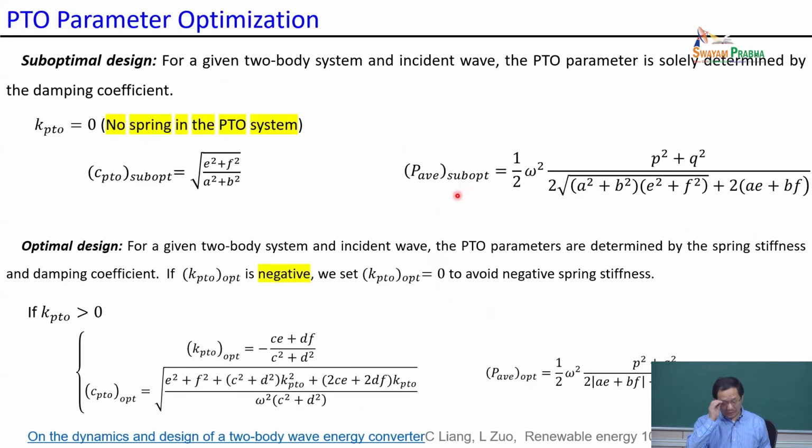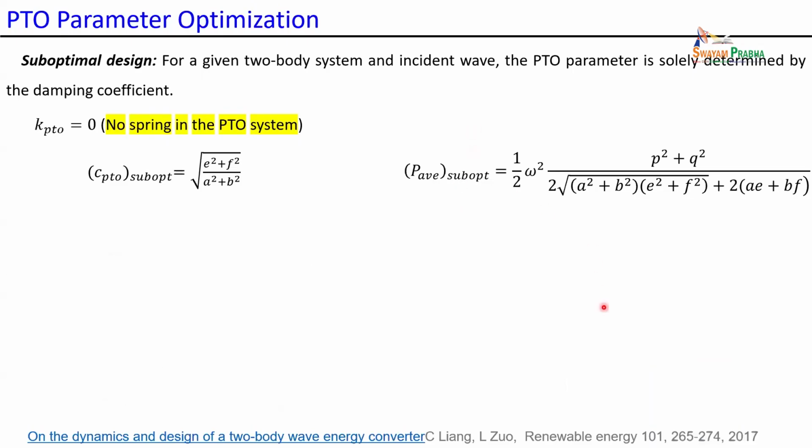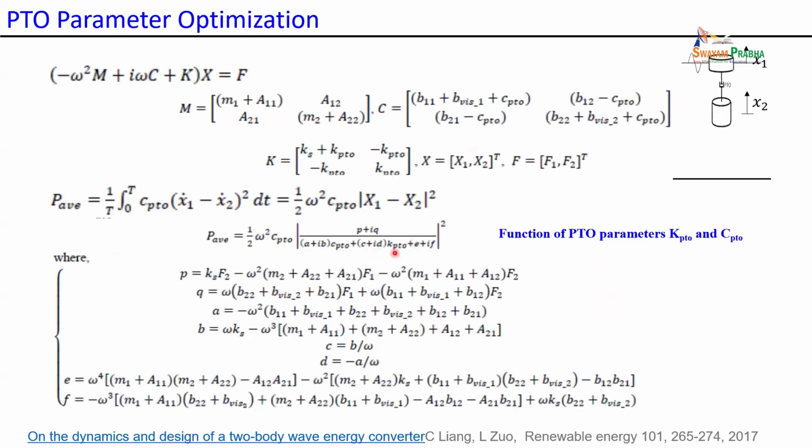Okay. And now you can also do the optimization of this expression here, and you can say dP/dC PTO will be 0. You can have dP/dK stiffness will be 0, right?